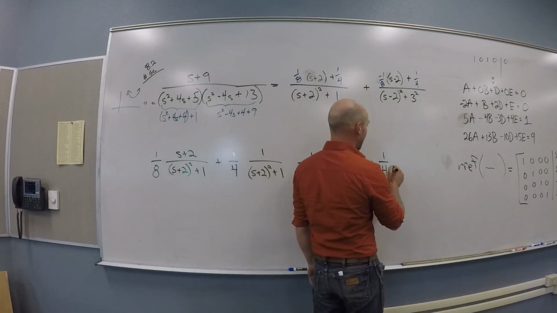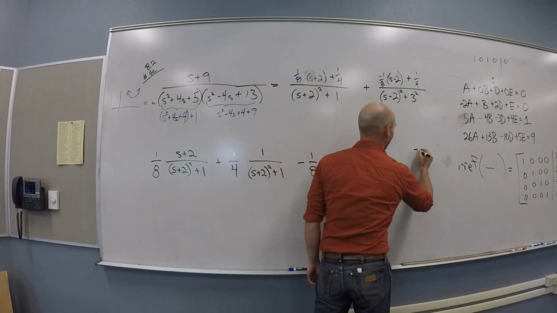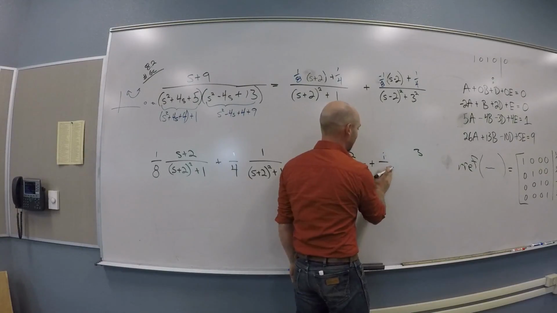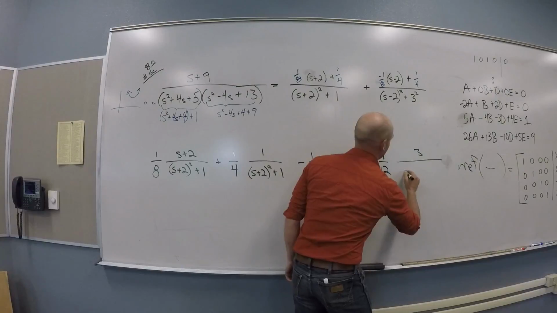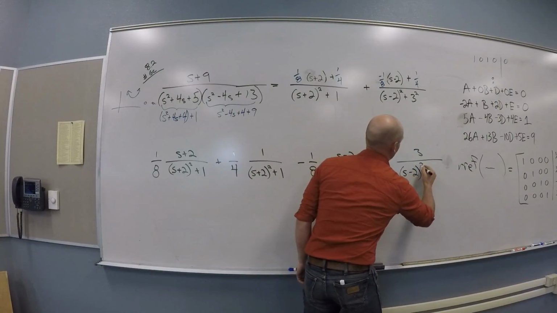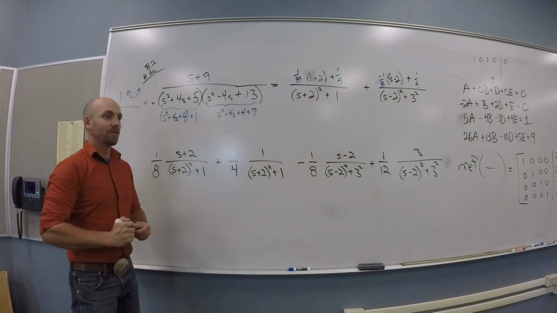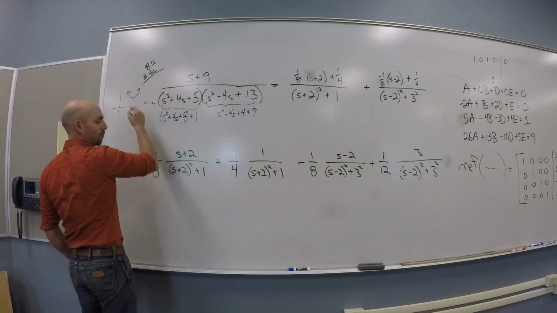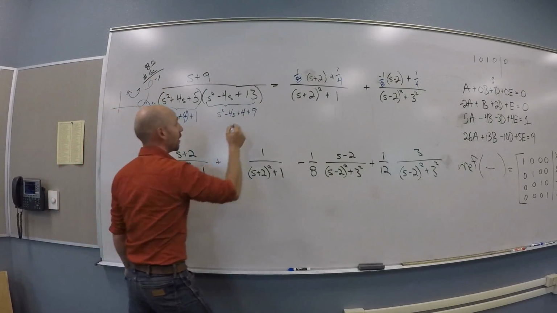On this one you want to put a 3 on top. So in order to get a 3 on top, I need to put a 3 on the bottom out here. So I'm going to switch that to a 12th instead of a quarter. And that's an s minus 2 squared plus 3 squared. And then if I was to inverse Laplace transform this whole thing, like put my fancy L's back on it here.